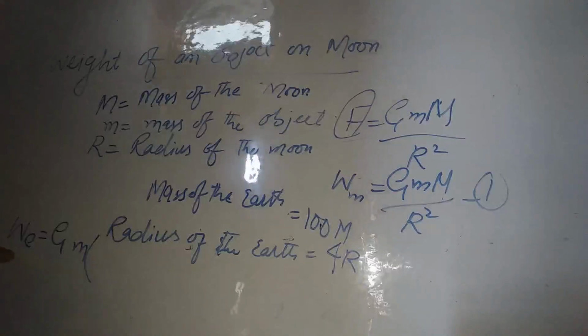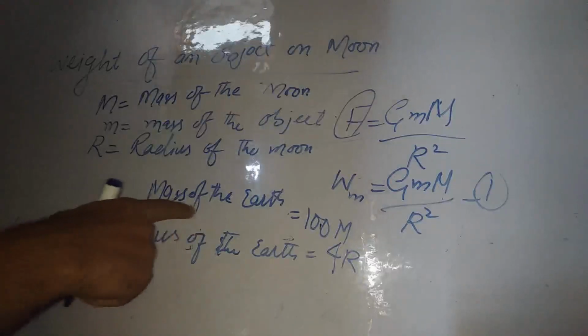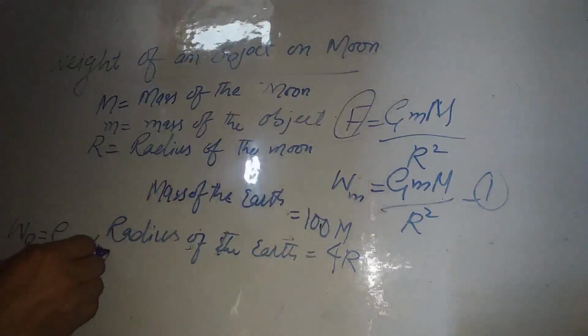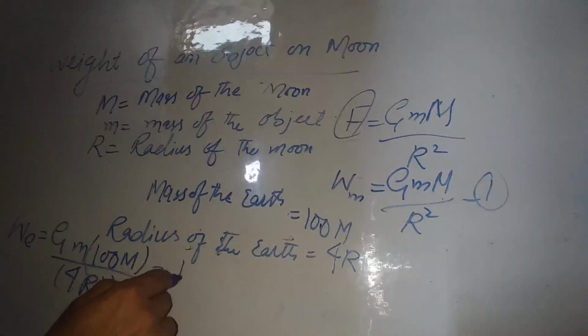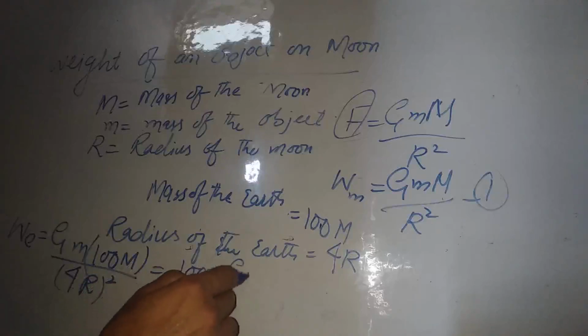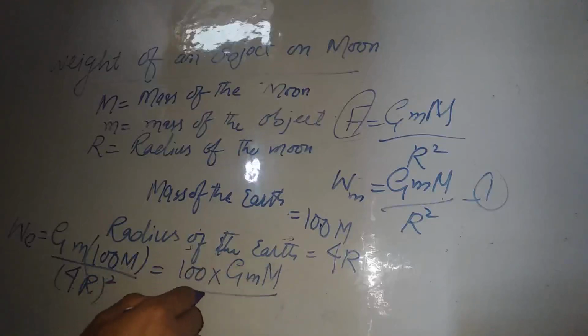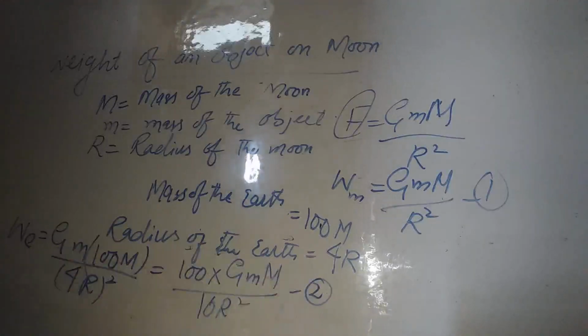So the weight on the earth will be, mass of the earth is 100 times moon, so I can write it as 100 times M. Okay, and radius is 4 times r, 4 times radius of the moon. So this is 4r whole square. This is equal to 100 multiplied by G M m divided by 16 r square. So this is equation second.